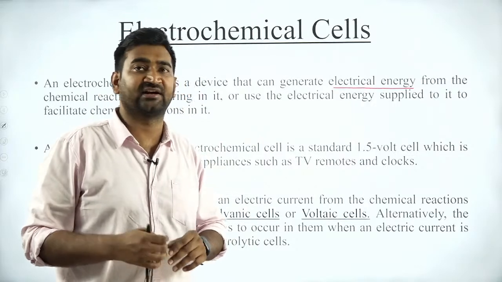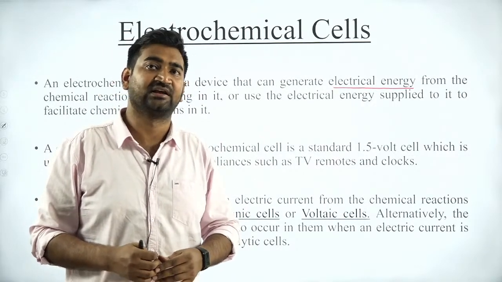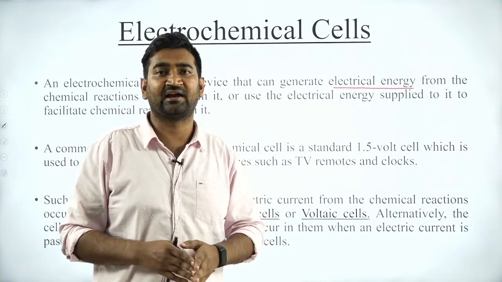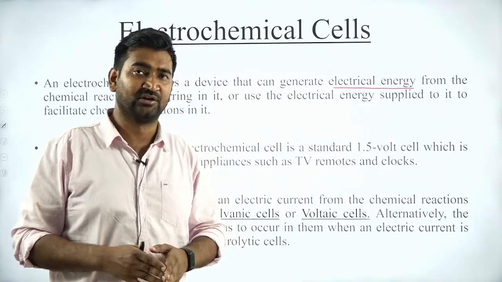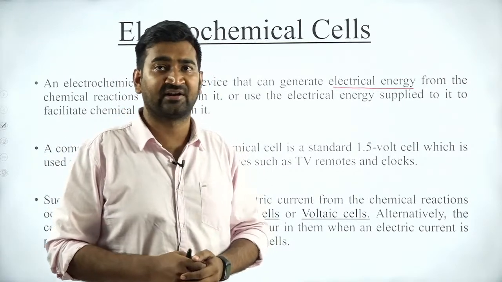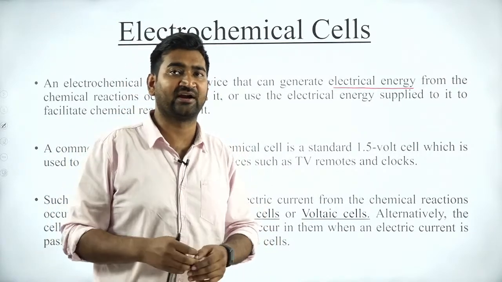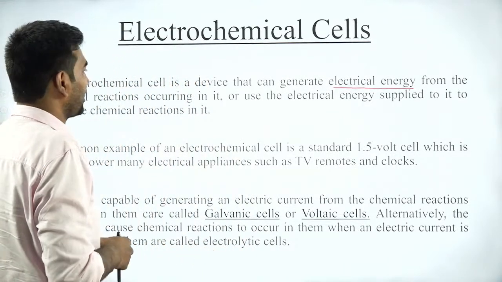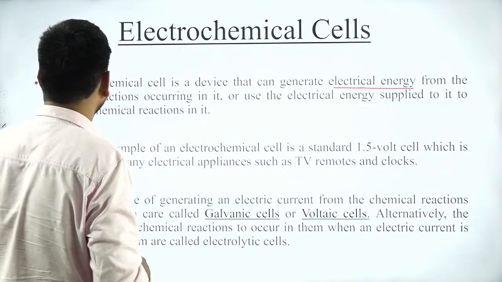Here oxidation and reduction processes take place simultaneously by connecting the system, and that is called a redox reaction. So one side will be called the oxidation half cell and one side will be called the reduction half cell, which will be joined, and there will be a connection which is called the salt bridge connection internally. We will talk about it.